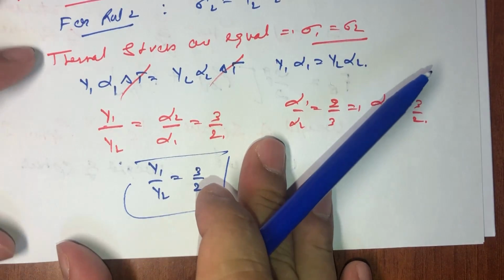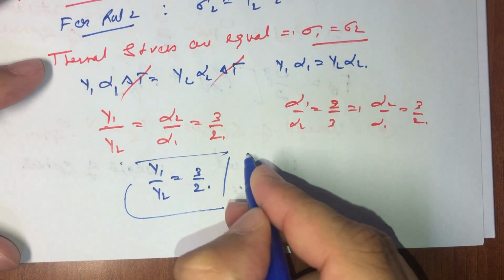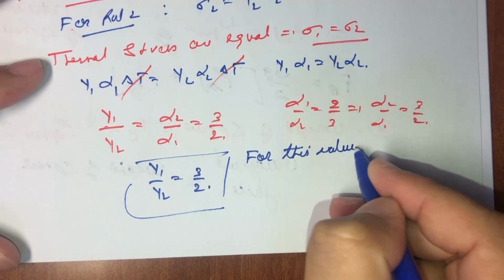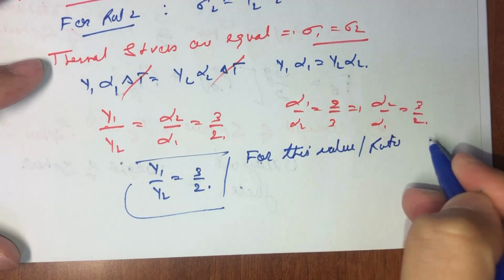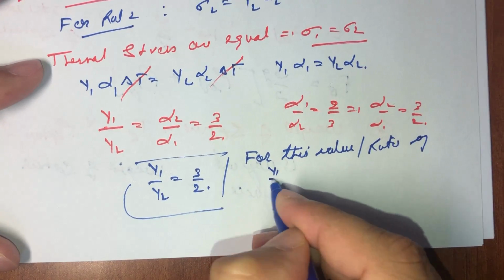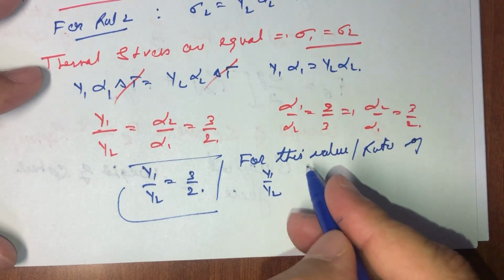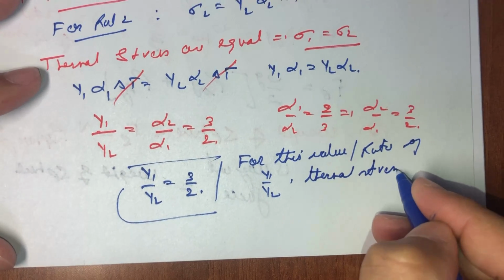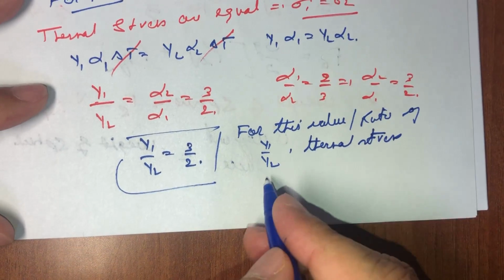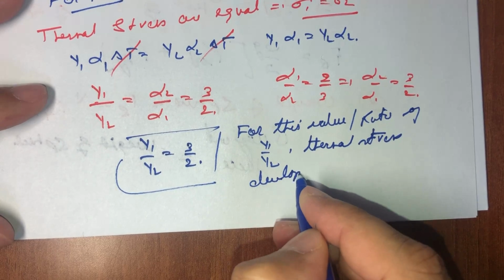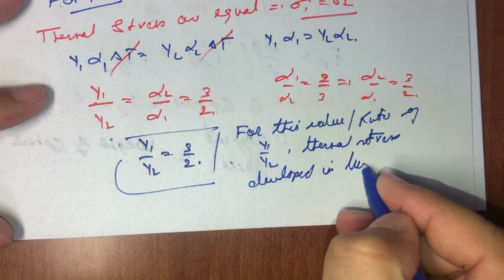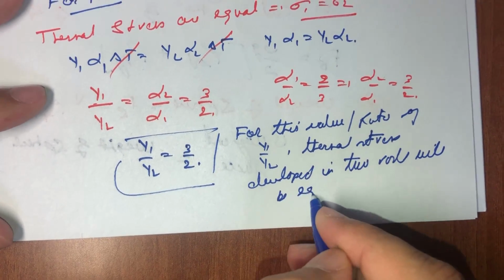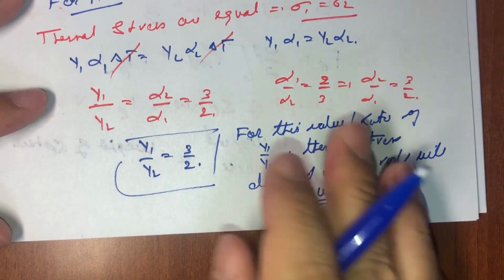We can say for this value of the ratio of y1 and y2, thermal stress developed in two rods will be equal.